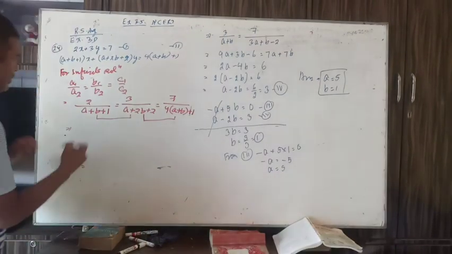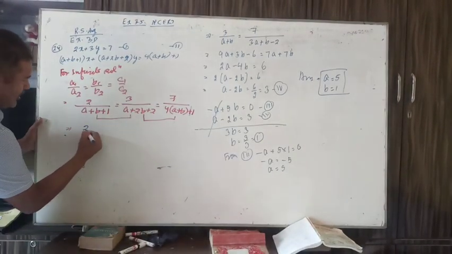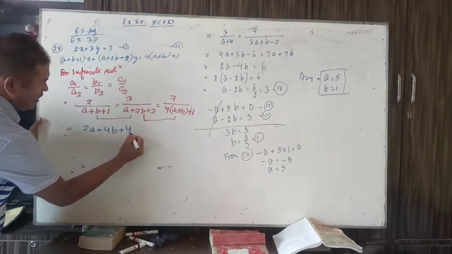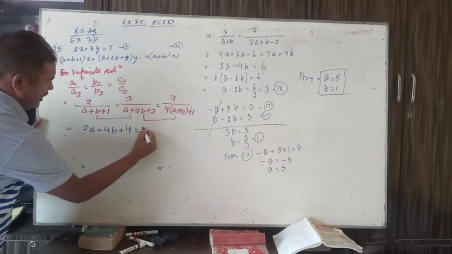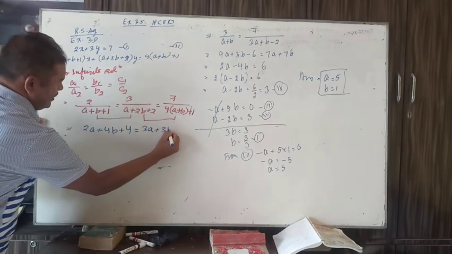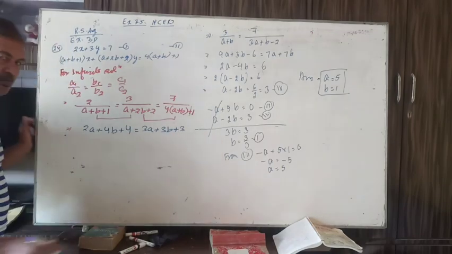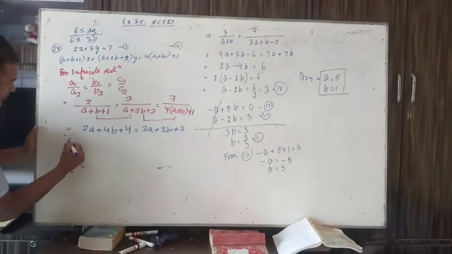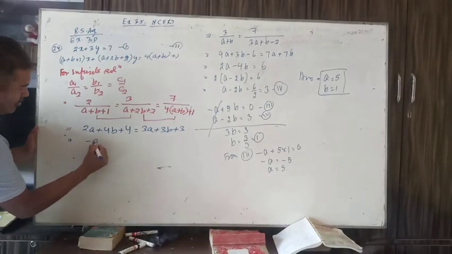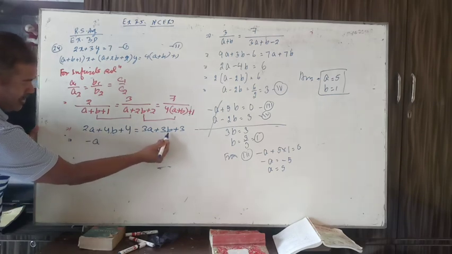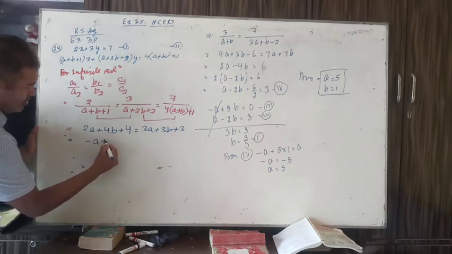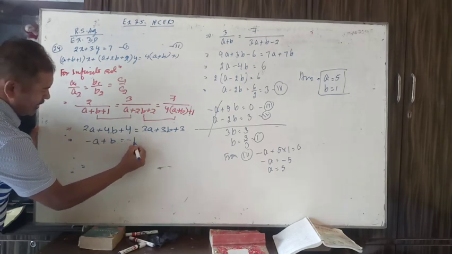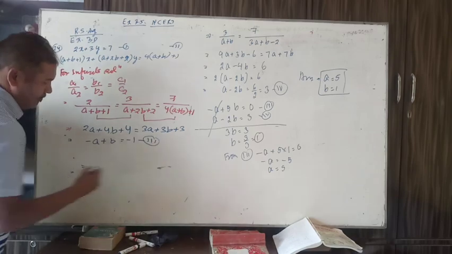Now compare this one: 2 into (a plus b plus 1) is equal to 3 into (a plus 2b plus 2). So 2a plus 2b plus 2 is equal to 3a plus 6b plus 6. It is easy, children, we have done cross multiplication like in the previous question. 2a minus 3a is equal to minus a. 4b, 3 becomes minus 3b when it moves to this side, that is equal to plus b. And 3 minus 4 is equal to minus 1. This is equation number 3.